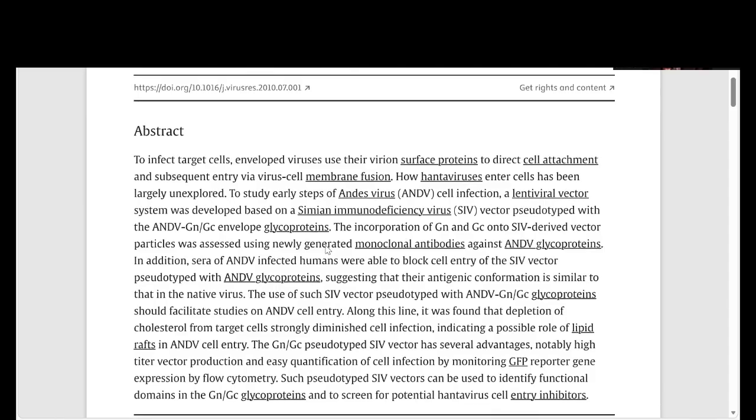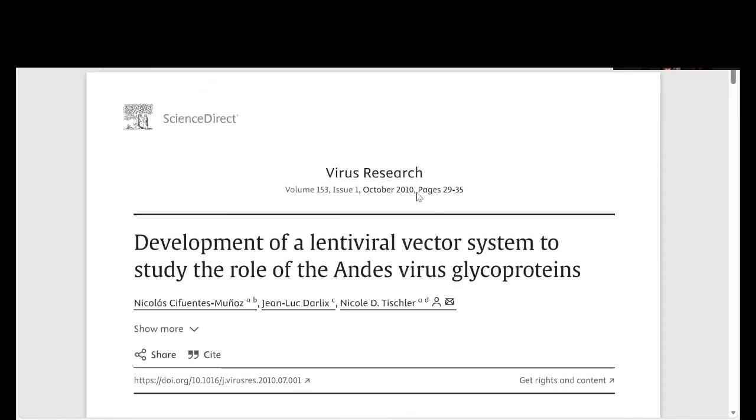To infect target cells, enveloped viruses use their virion surface proteins to direct cell attachment and subsequent entry via virus-cell membrane fusion. How hantaviruses enter cells has been largely unexplored. Now, you have to remember, this was written in 2010.